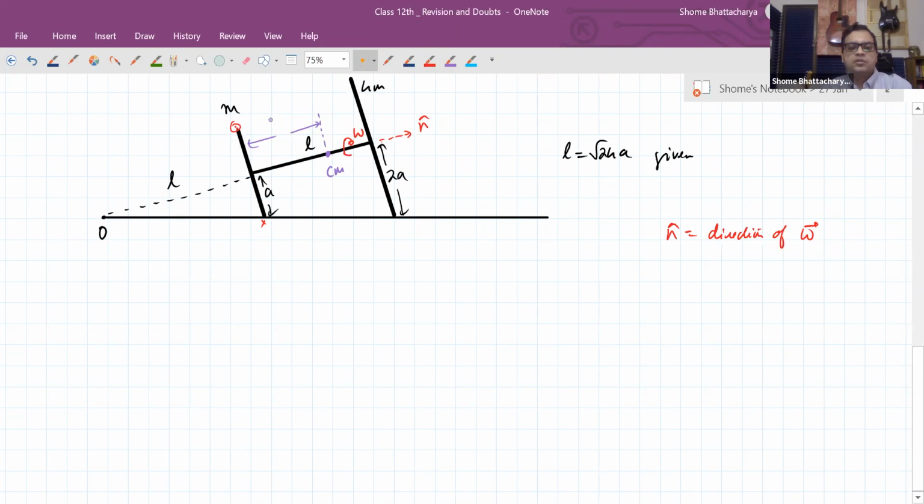This is dividing this into a 4:1 ratio, so that distance of the center of mass from this point here, this RCM, will be 4/5 of L. That's just coming from the fact that it's m into 0 plus 4m into L, divided by 5m.